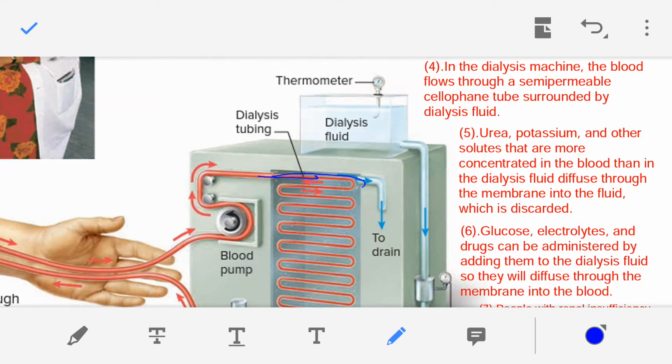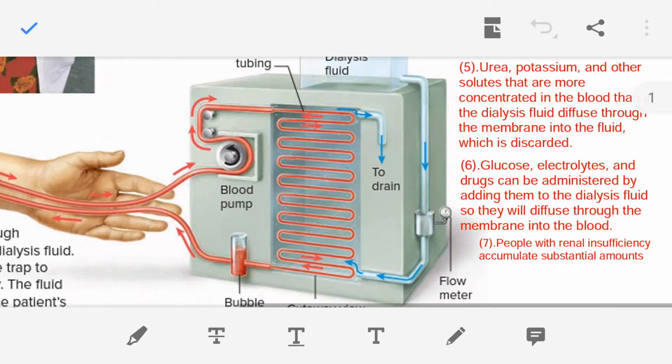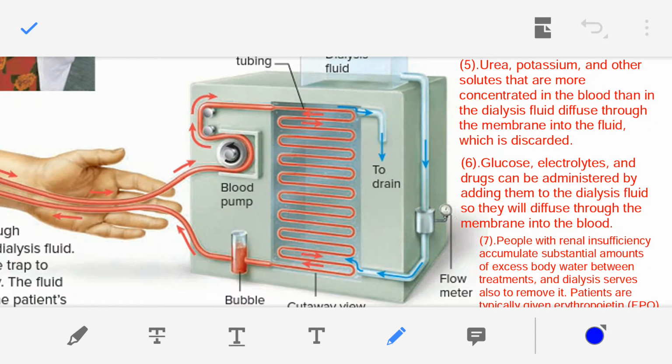This tube, all this tube, is the semi-permeable cellophane tube, and inside this tube the patient's blood is flowing. This tube is surrounded by dialysis fluid. So outside the tube dialysis fluid is present.